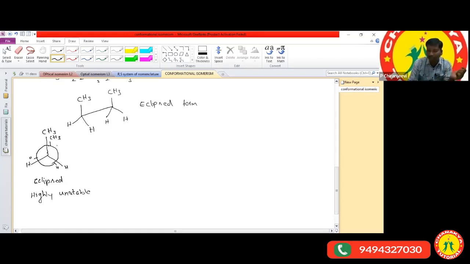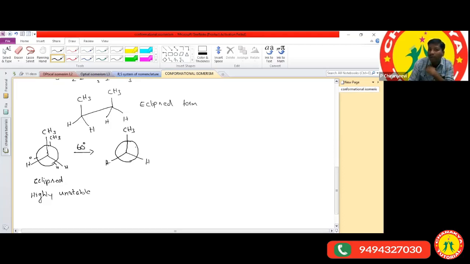To become stable, we rotate by 60 degrees. How much angle are we rotating here? We are rotating 60 degrees. The first carbon atom we are keeping constant; I'm not disturbing the first carbon. CH3, H, H is there.